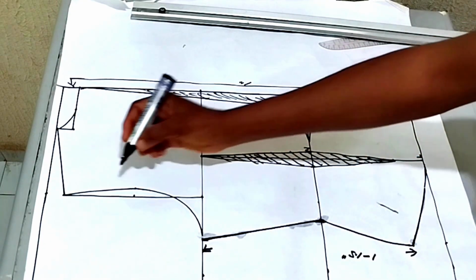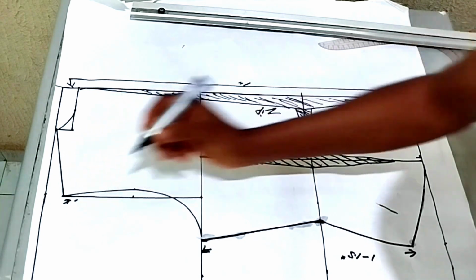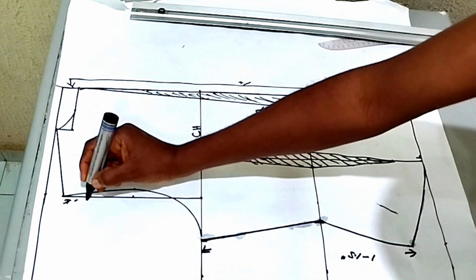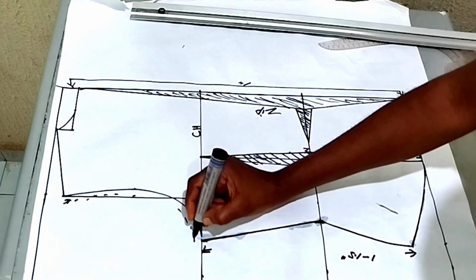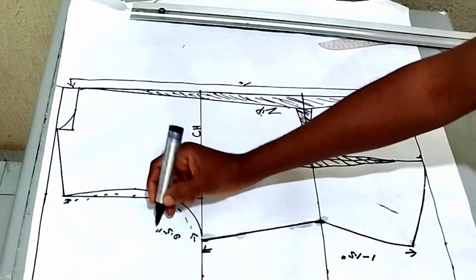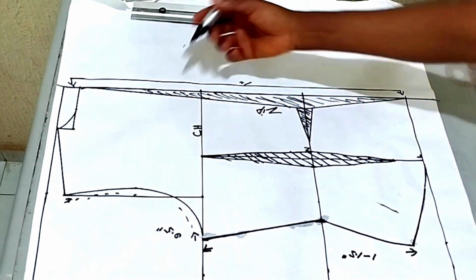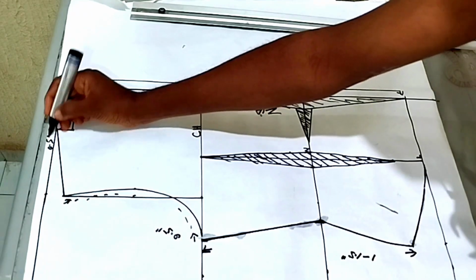And then also on your armhole area, add half inches. That is what I am indicating on the pattern paper. Add half inch on each side. And then on the shoulder as well and neckline, half inch.